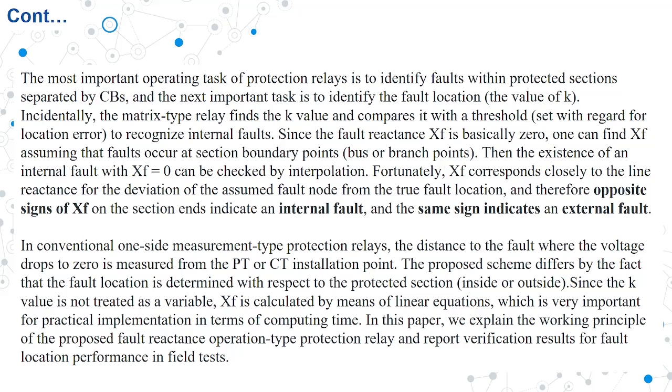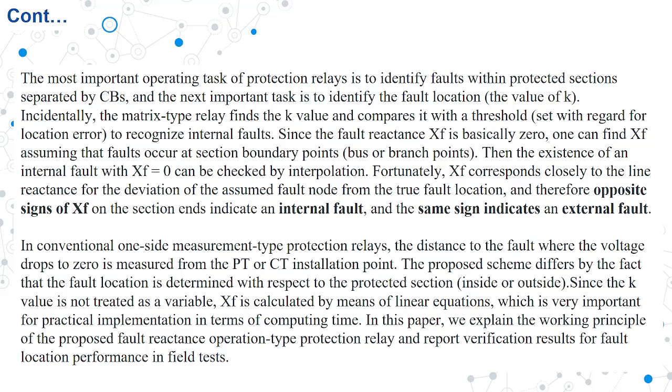So incidentally, the matrix type relay finds the location value. So find the K value and they take the K value as a variable. Since the fault reactance XF is basically 0, one can find the XF assuming the fault occurs on the section boundaries, like both we can say as bus and branch point.